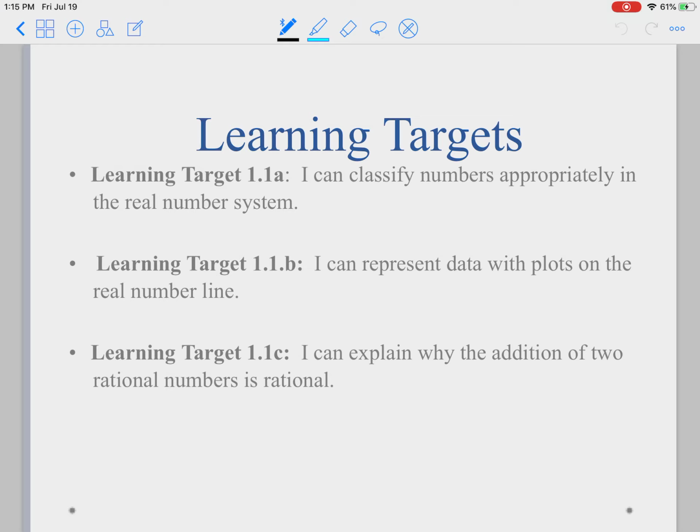It implies a greater understanding of what is going on when you add 2 rational numbers. And so we will be building on that verb, explain. So a lot of this content that you're going to learn in this particular Unit 1.1, as with all math, will carry over as we increase our ability to really achieve that learning target verb of explain.